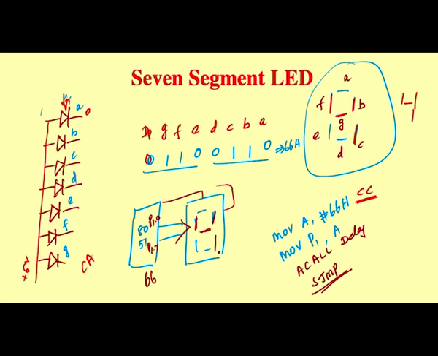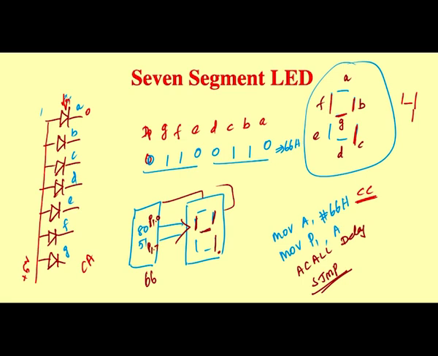Next, we will discuss the 7 segment LED display. The 7 segment display, you already know this is the 7 segment display. The 7 segments of LEDs are connected, that is why it is called a 7 segment LED.